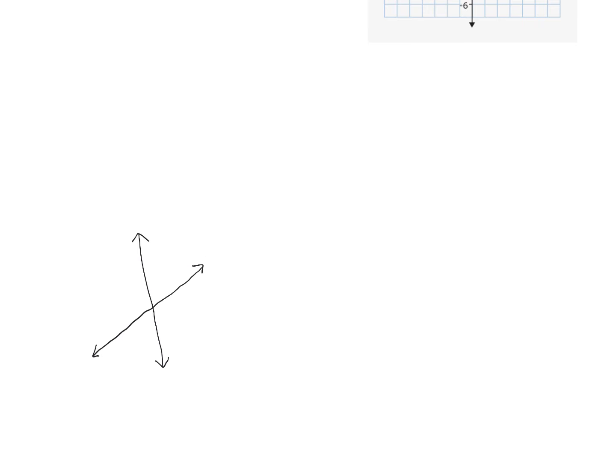If we're trying to find answers that satisfy both equations at the same time, it would make sense that this point of intersection is where you will have a solution for both lines. Some other random point, like a point here, might satisfy the first line, but that's not going to be a solution for the second line because that point's not on that line. So the only point that satisfies both lines is the point of intersection.